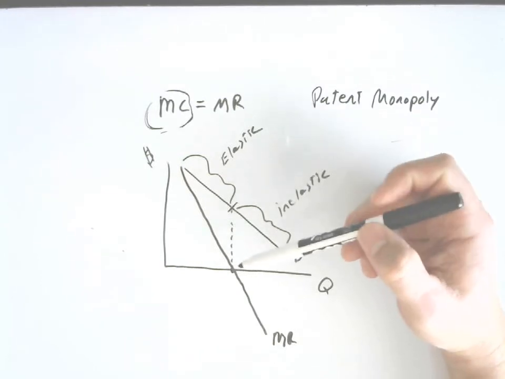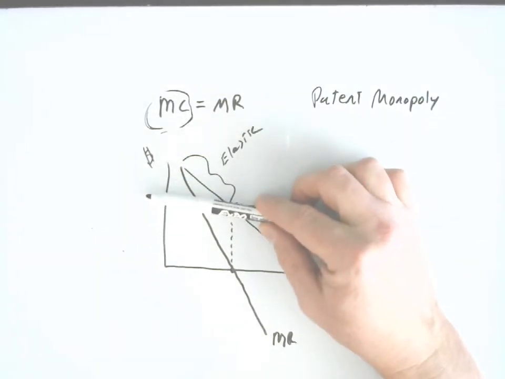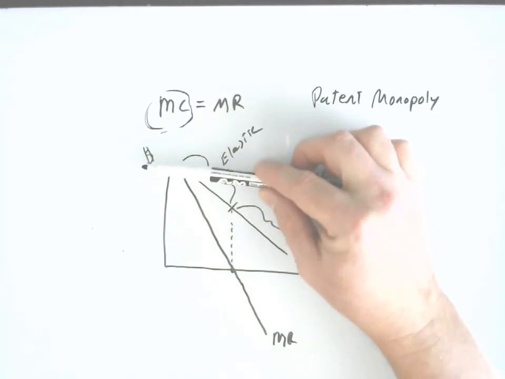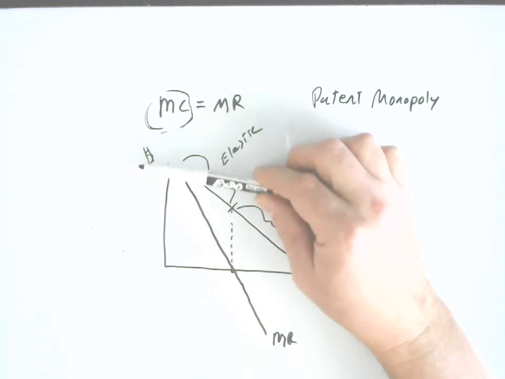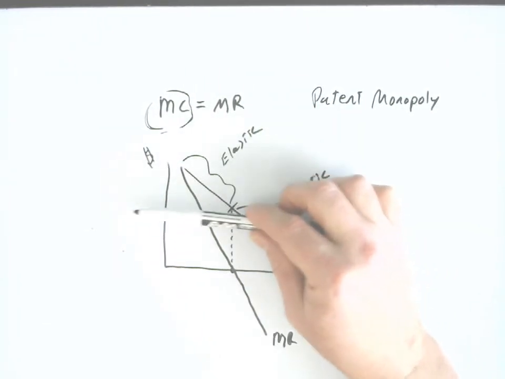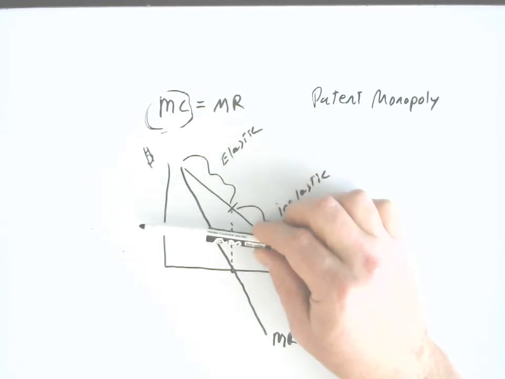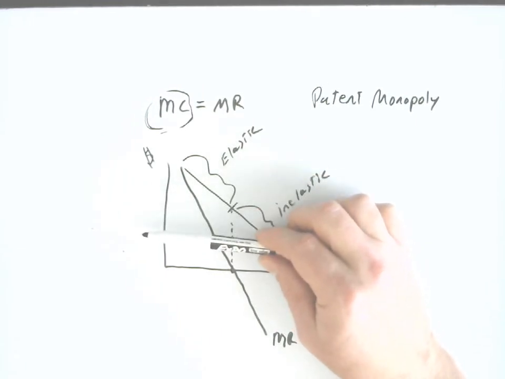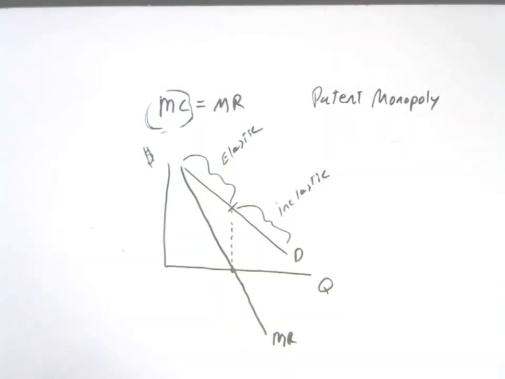How do I know that? Because if prices are above the midpoint price level and I lower the price, guess what? I gain revenue. If I'm priced at the midpoint level and I lower my price, guess what? I lose revenue. How can I show that?